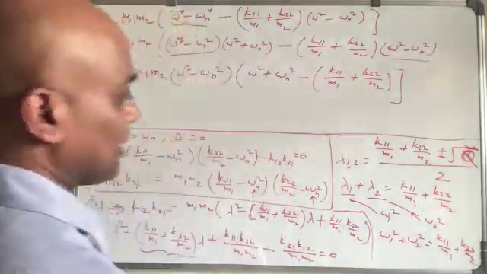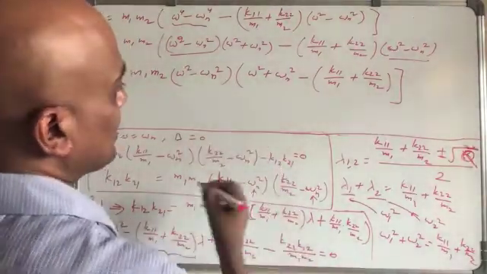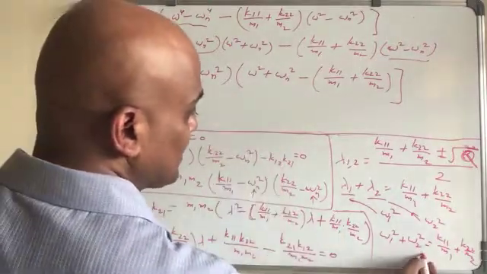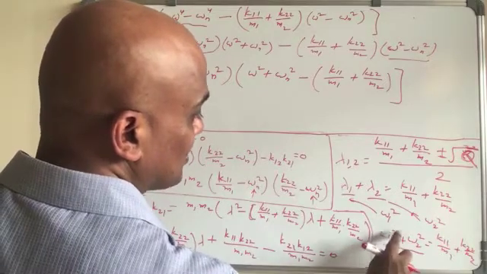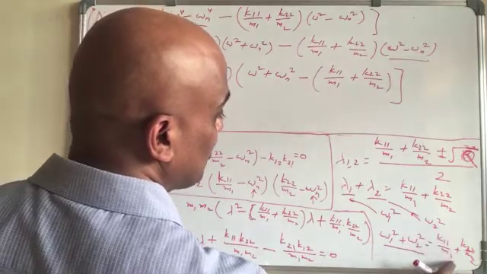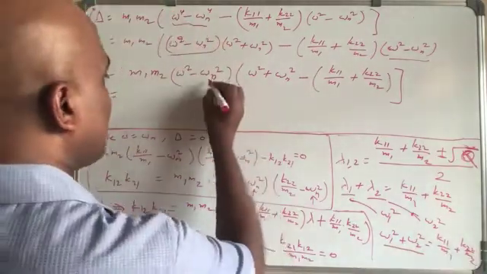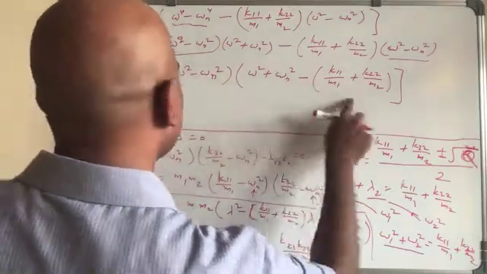And that really means that, since omega 1 square plus omega 2 square equals k11 over m1 plus k22 over m2, here we can assume n equals 1 and this will automatically be 2.